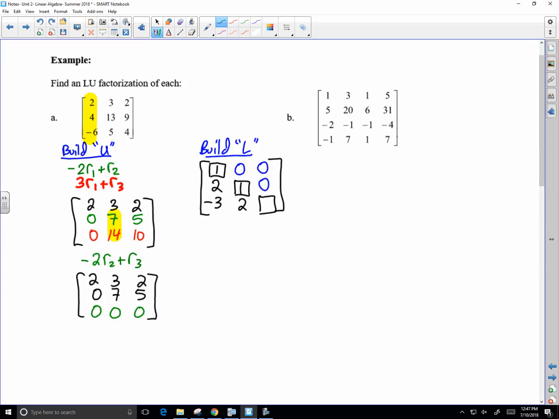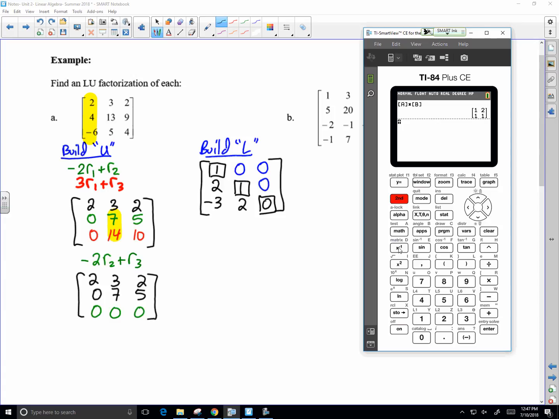Right, there is no pivot, so we're going to put a 0 in there for that. Negative 3.